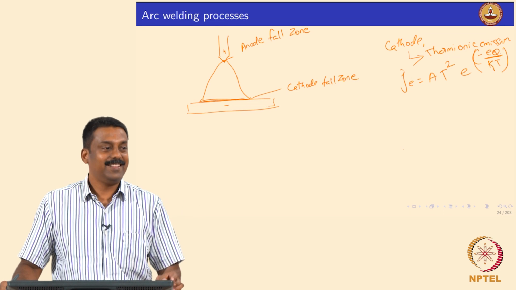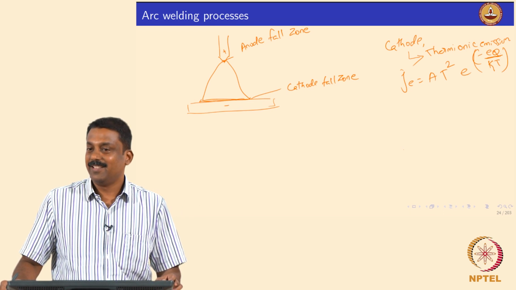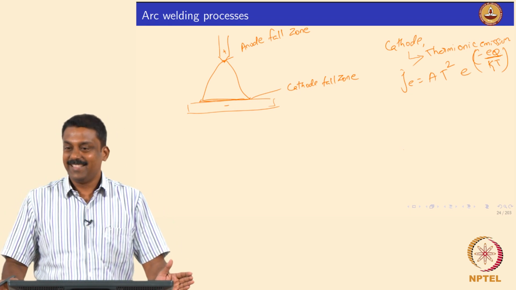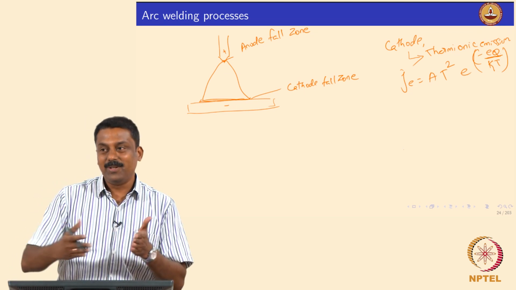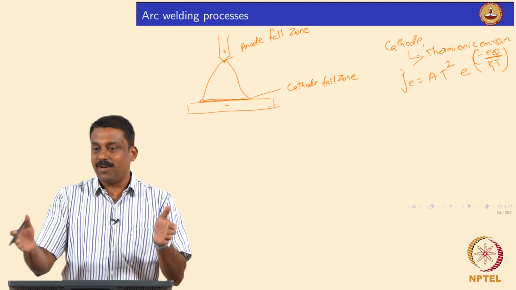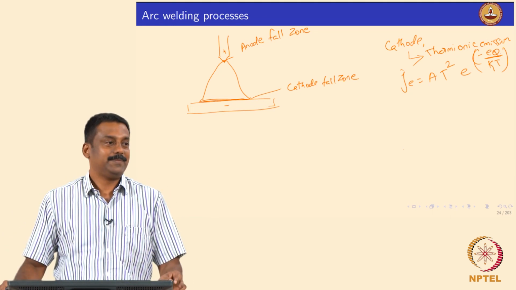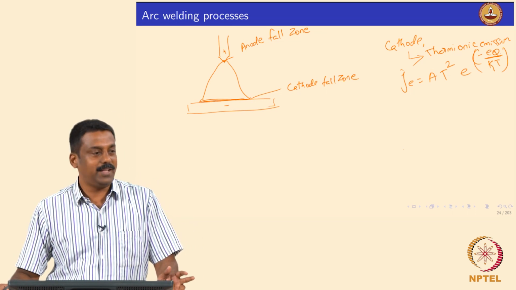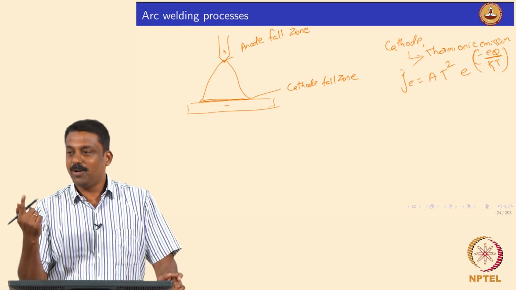First lesson. When do you say 1 joule? When 1 coulomb of charge travels over 1 volt, that is the energy gain. So obviously 1 joule is 6.242 times 10 to the power 18 electron volts. That is 1 coulomb, right?